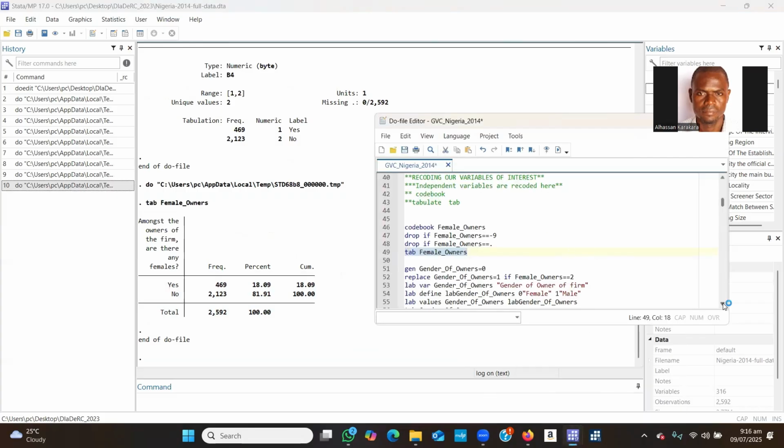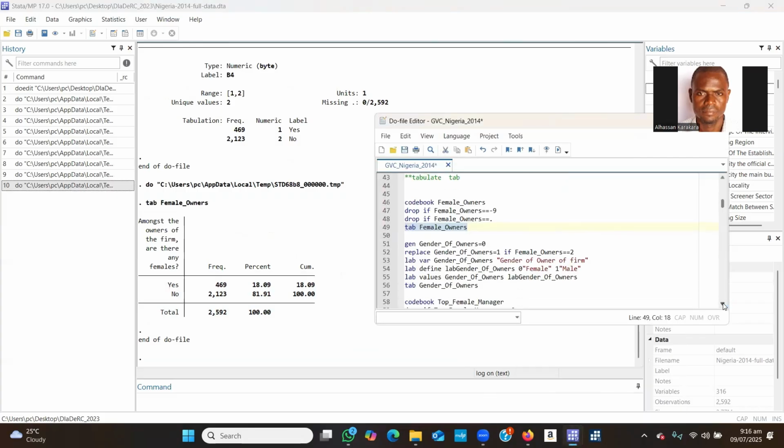We are not done. Since we know that yes is female and no is male, we need to change this to reflect what we know. At any time you tabulate it, you might not know whether the yes is male or female. So if we want to change this yes or no into the appropriate labels of male and female, we want to name the variable with its appropriate name, such as gender.